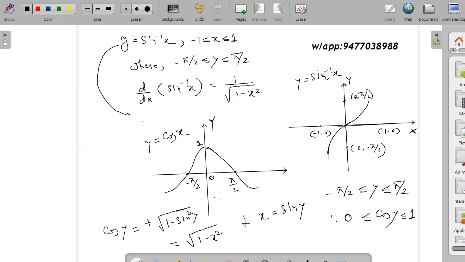So we have our dy/dx as 1 by the positive square root of 1 minus x squared. So this is the reason why we make use of the graph in determining the sign.